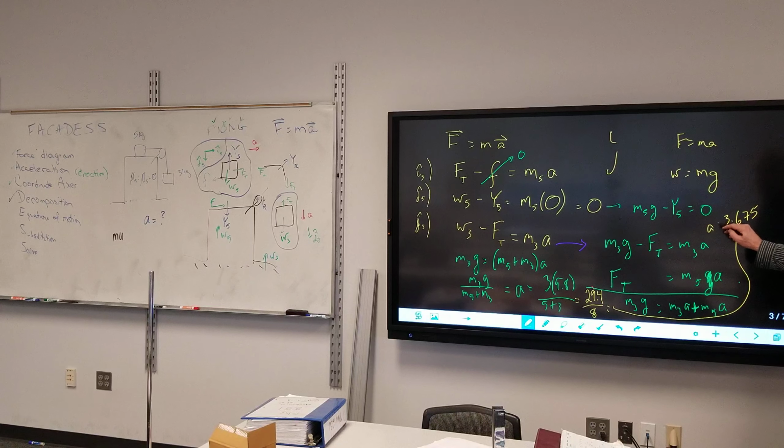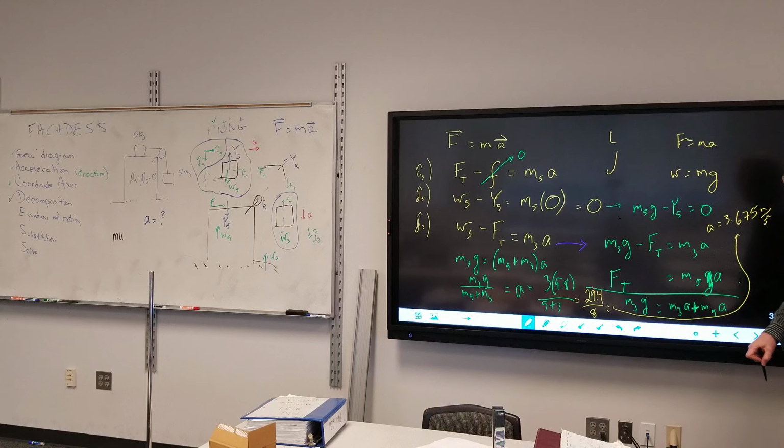So the magnitude of my acceleration is 3.675, what? Meters per second squared. It better be meters per second squared, because everything we plugged in, we dealt with kilograms.